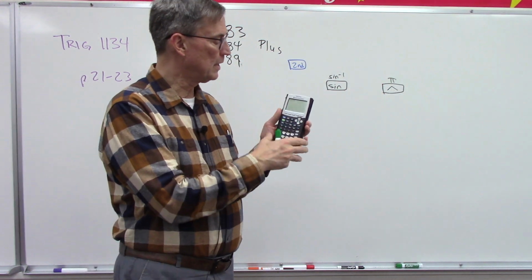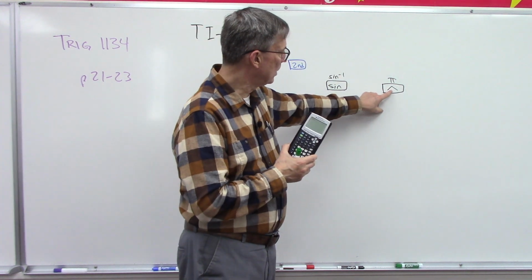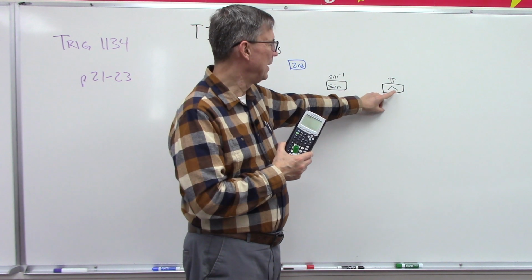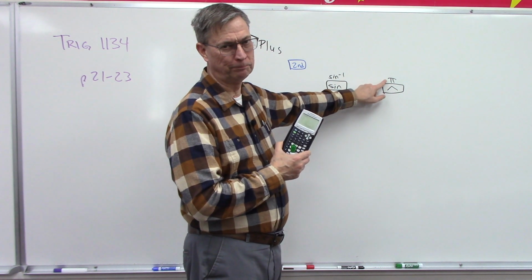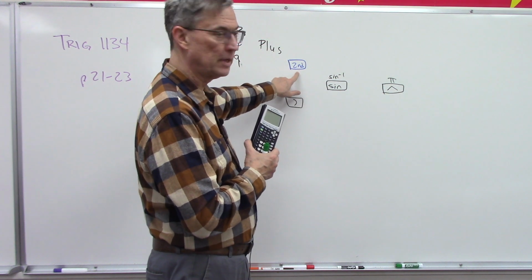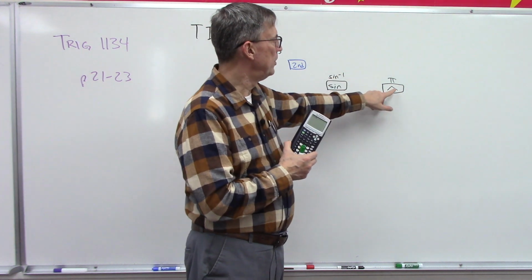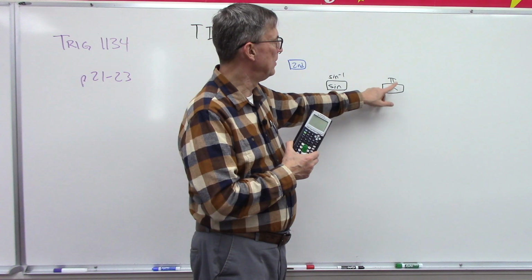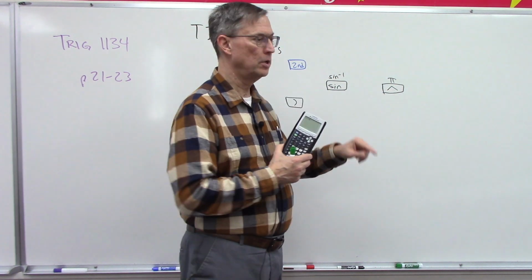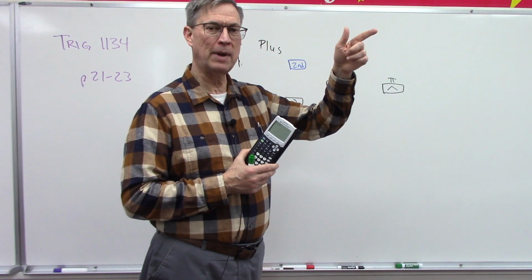On the graphing calculator, it looks like this. It looks like a tent, and above it you'll see the pi. So every time we want to use pi, we have to hit second function first, then the tent, and that gives us the pi. By the way, the tent actually represents raising something to a power. All right.